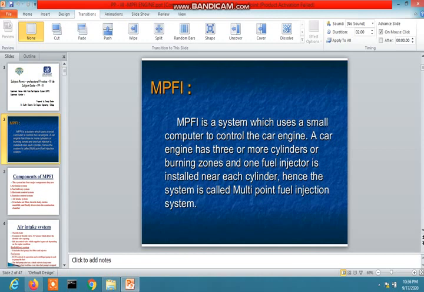Now, the ignition system of a gasoline injection engine, that means petrol injection engine, consists of an ignition coil with built-in switch and spark plug. Timing is controlled by the ECU.